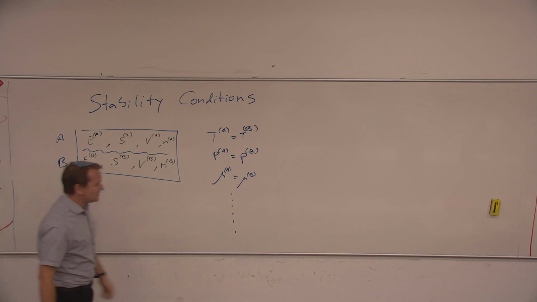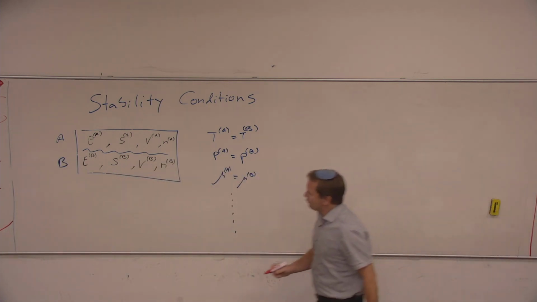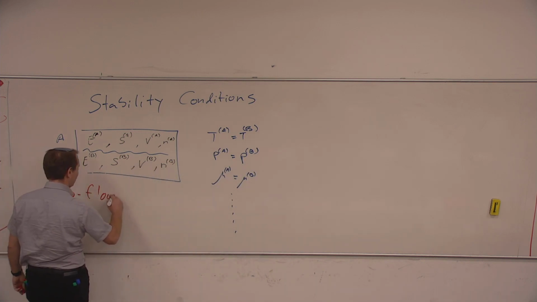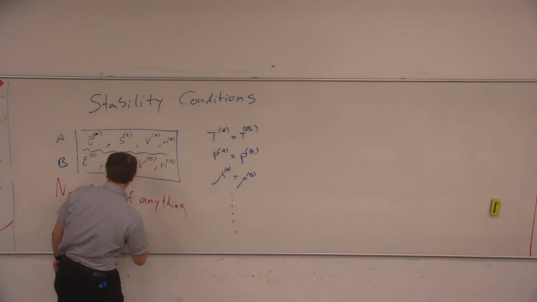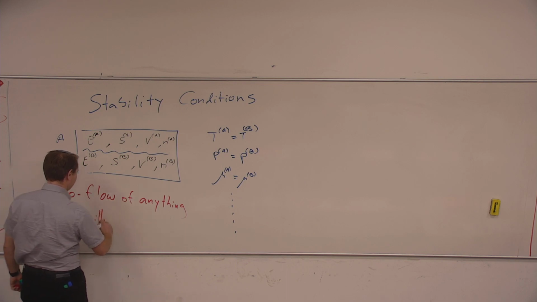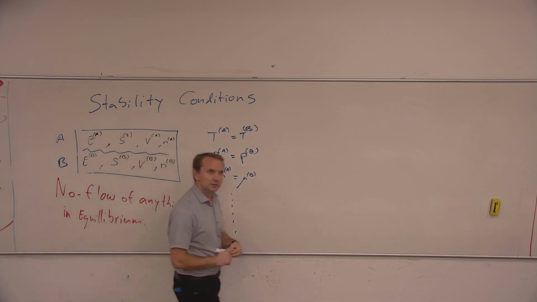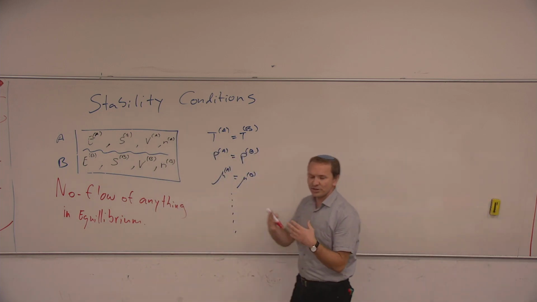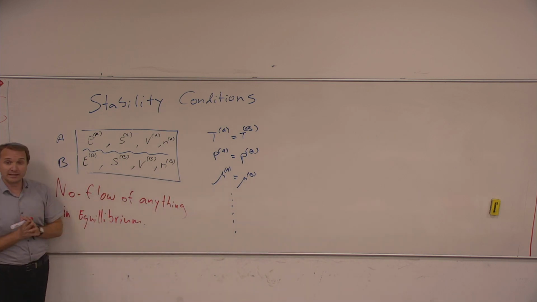So basically, the stability equation tells us that there is no flow of anything in equilibrium. This is how we define equilibrium. Now, here we have proven this from the thermodynamical standpoint for macroscopic quantities.